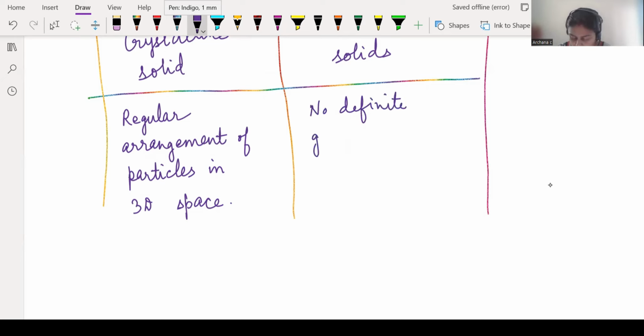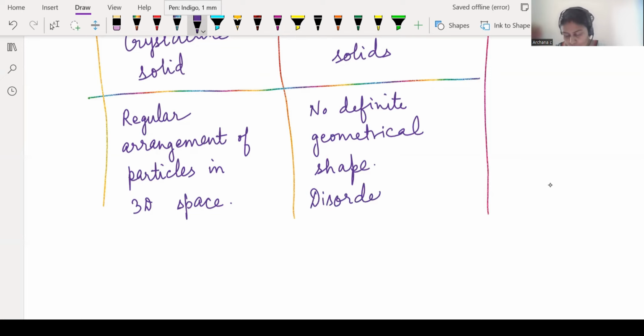Why? Because they have haphazard or disorderly arrangement of particles.